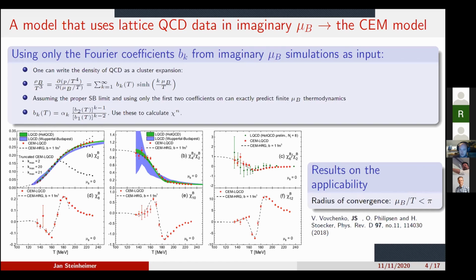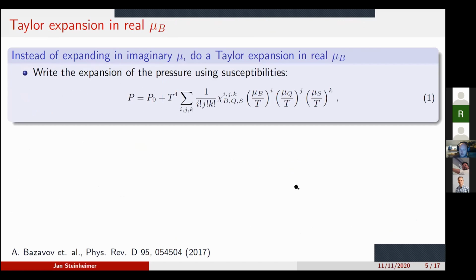It doesn't say that there's a critical point at pi. It just means that beyond that, you are always limited by this divergence in the complex plane.